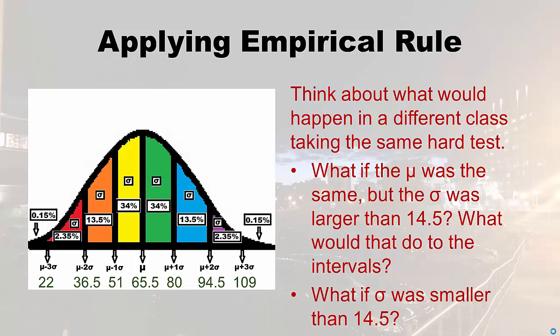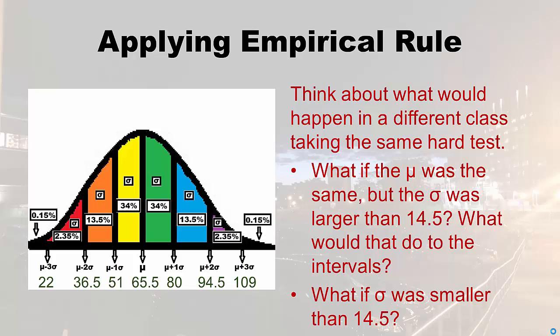So now I want you to just sit back and think for a second. Think about what would happen in a different class taking the same hard test, meaning nobody's getting 100%. What if the mu was the same, meaning everybody's doing badly, but the standard deviation was larger than 14.5? What would that do to the intervals? Let's just stare at this for a second. Let's say the mu was still 65.5, but the standard deviation was like 30.